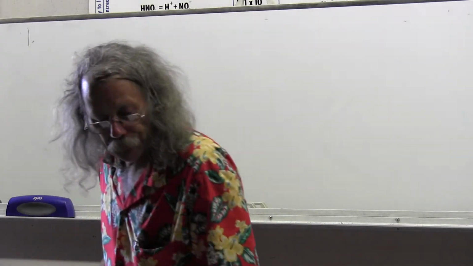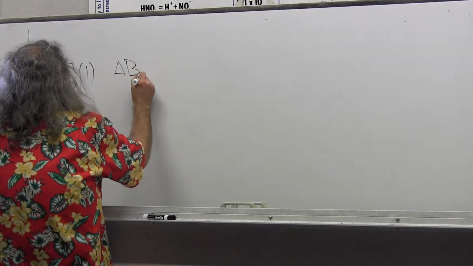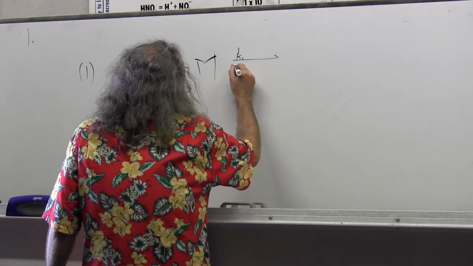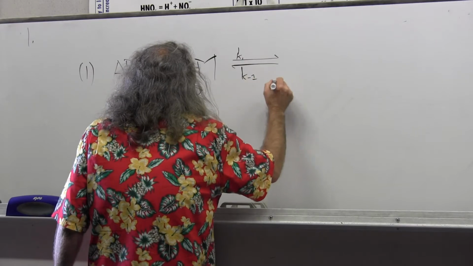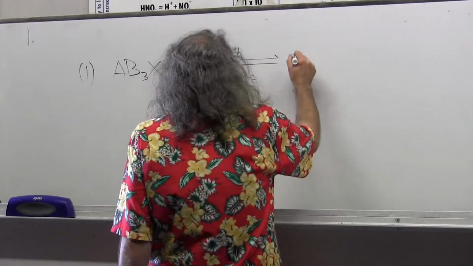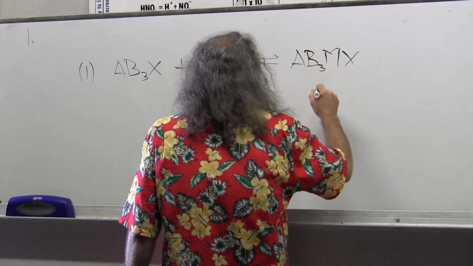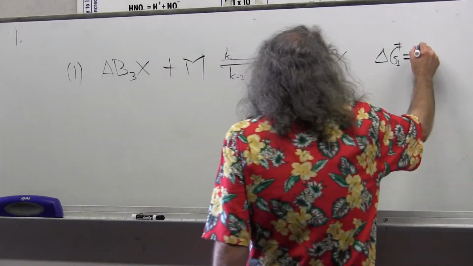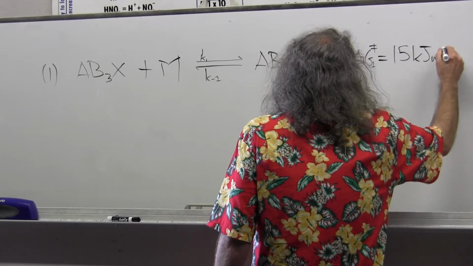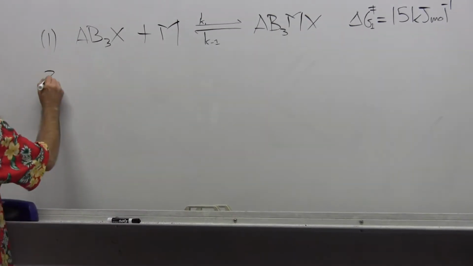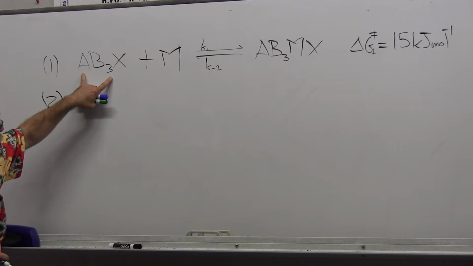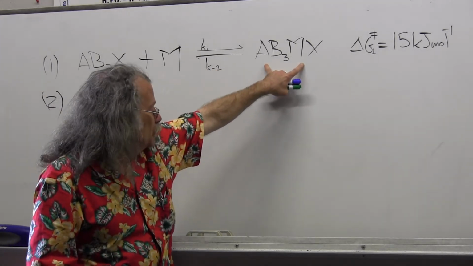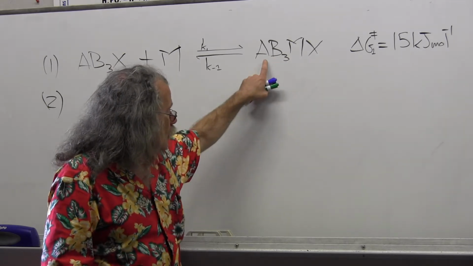Okay, now, the first step involves this compound interacting with some compound M, in fact in an equilibrium step with this particular species, which is the compound with the M inserted between the compound and the X bond.